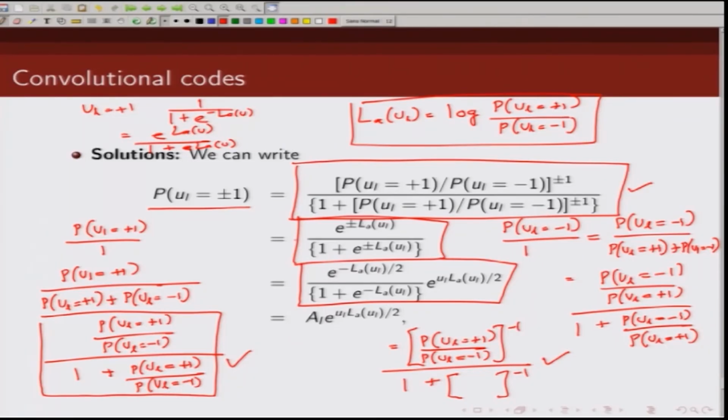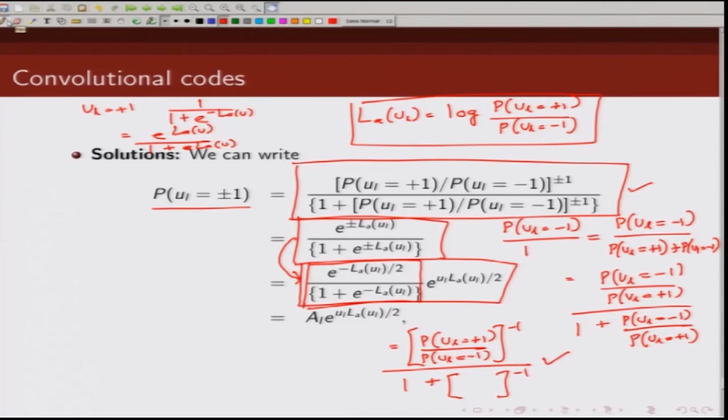So this term can be written in terms of this, right. And what is this term? I can simplify this term. Let us make some space.